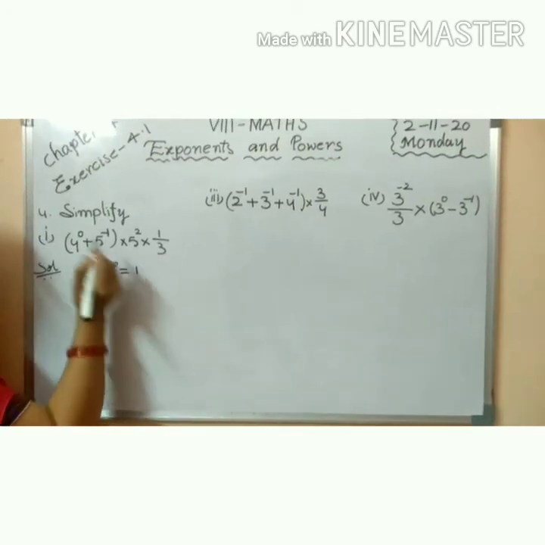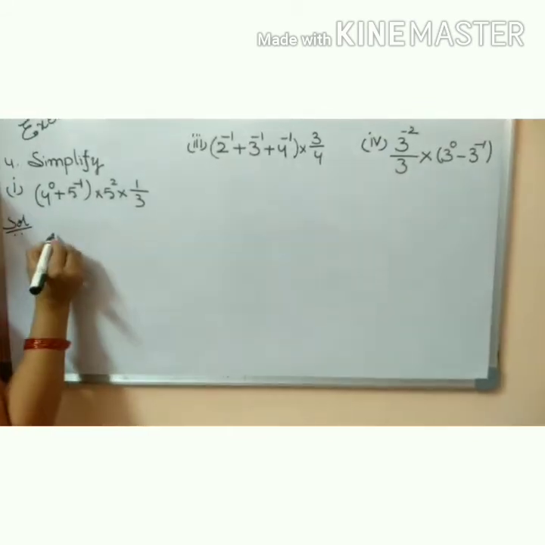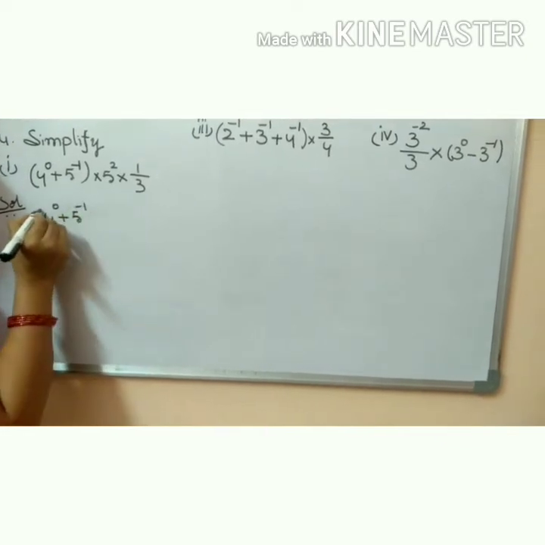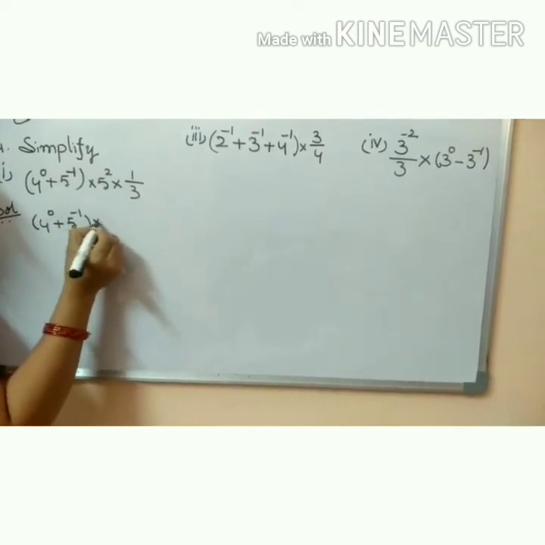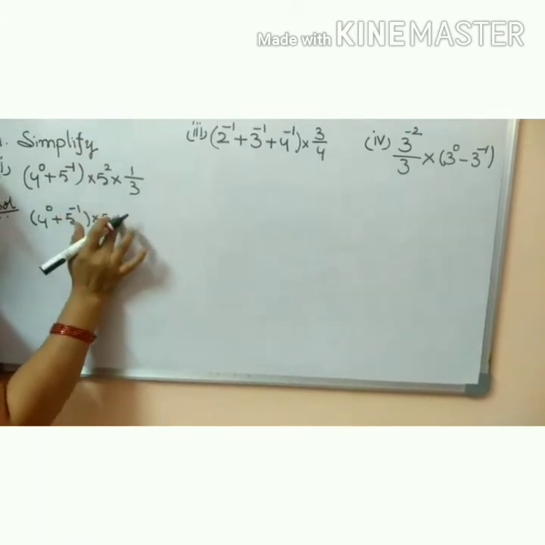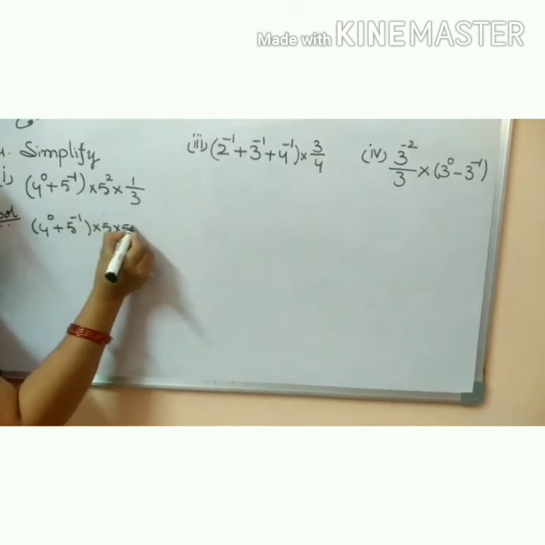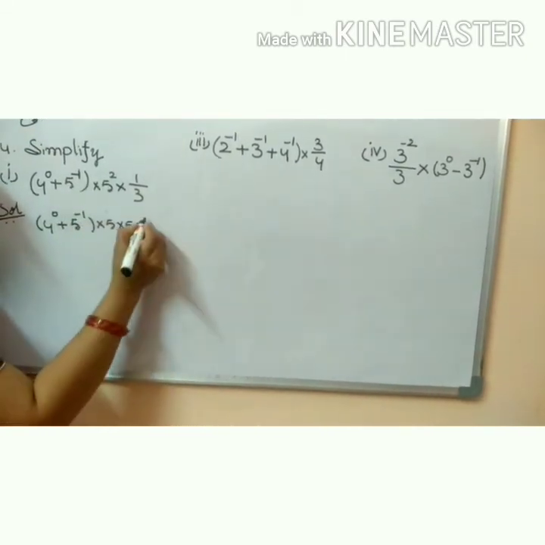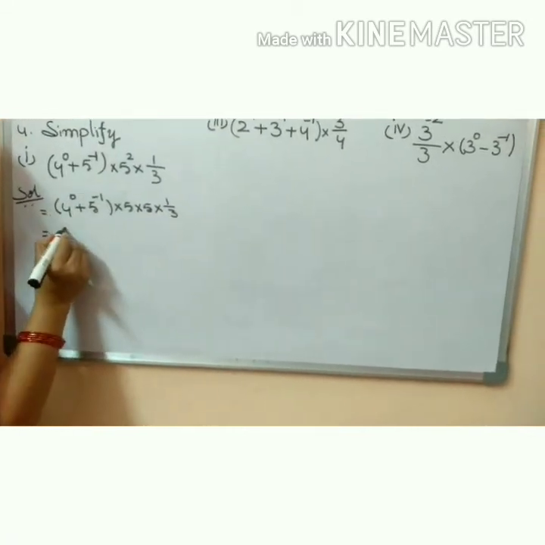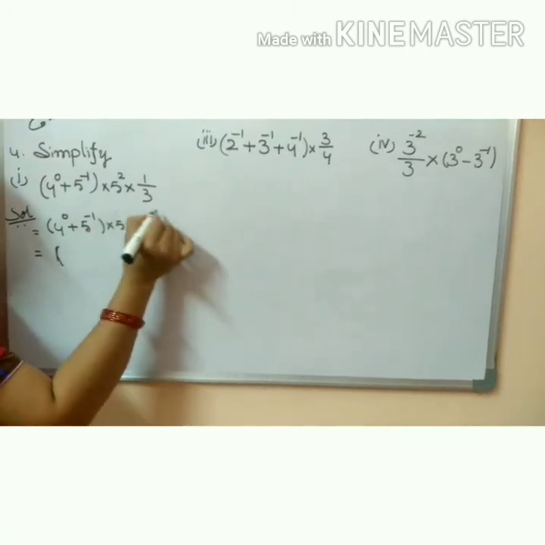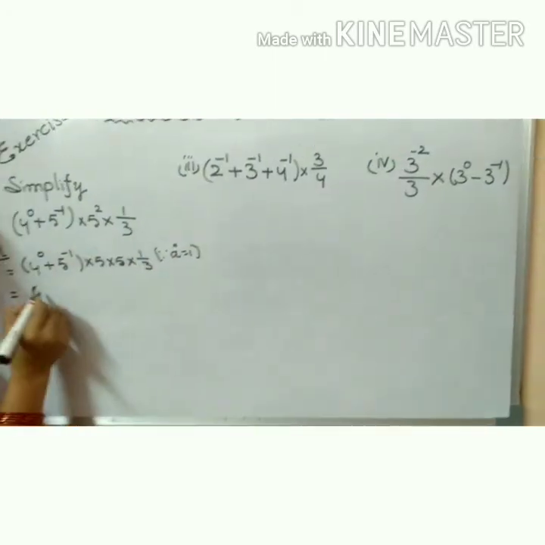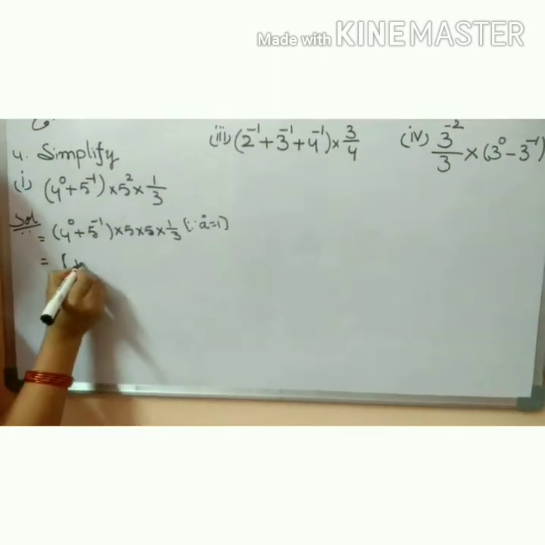So 4 power 0 plus 5 power minus 1 into 5 square into 1 by 3. Here 5 square means I will write here 5 into 5. How many times is 5 written? 2 times. So here the value, since a power 0 equals 1: 4 power 0 value is 1.